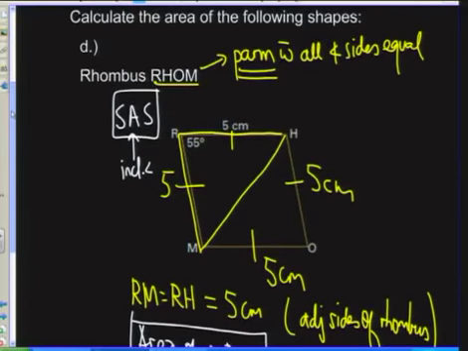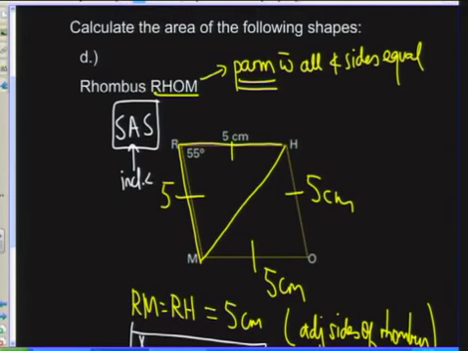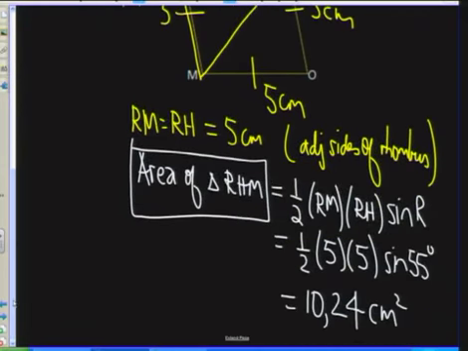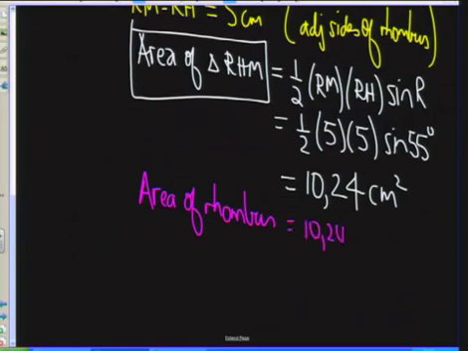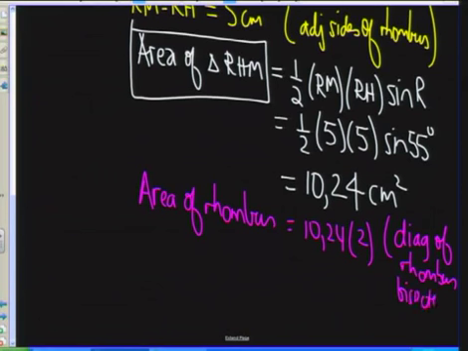The question was, determine the area of the rhombus. So to work out the area of the rhombus, there are two such triangles, so it's 10,24 doubled, and the reason is because the diagonal of a rhombus bisects its area.